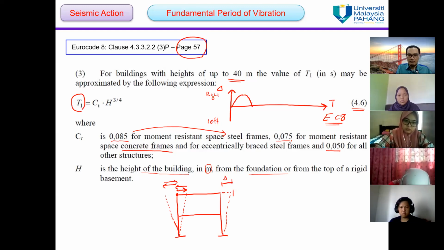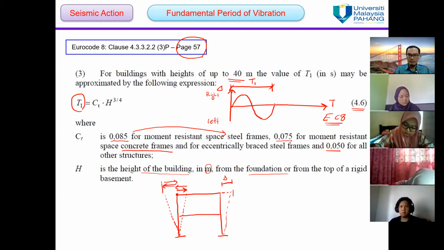Then it sways to the left up to the maximum value here, and then back to the original position. So the time taken to complete one full cycle is known as the fundamental period of vibration, or T1.